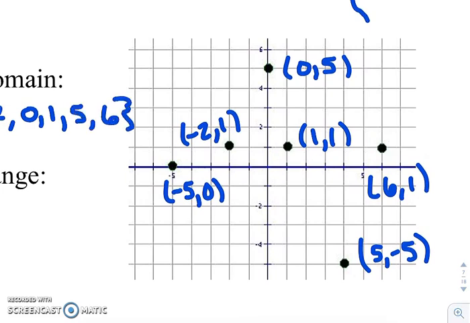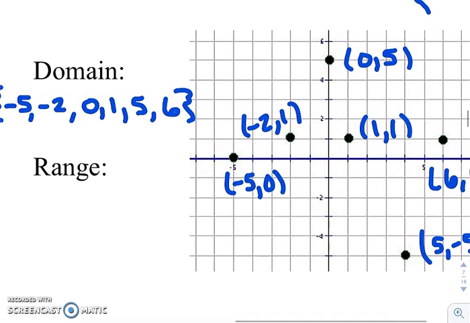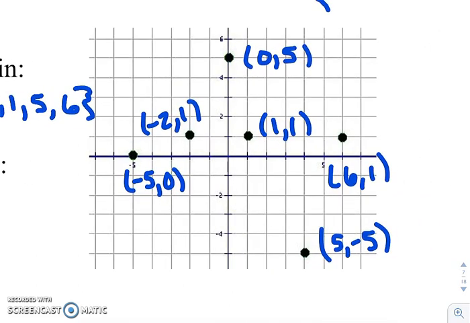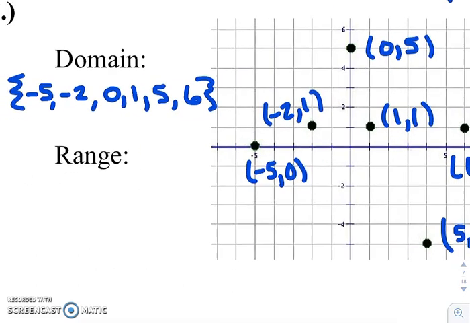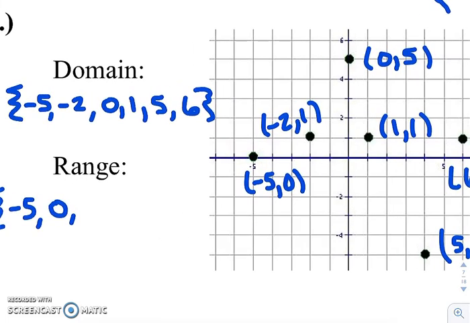Range, all the y values. So -5, 0, we've got a couple at 0, a couple at 1, and then positive 5.